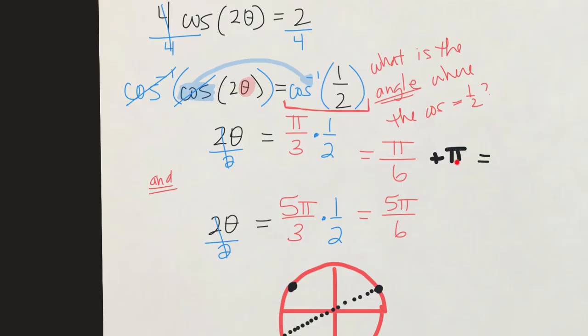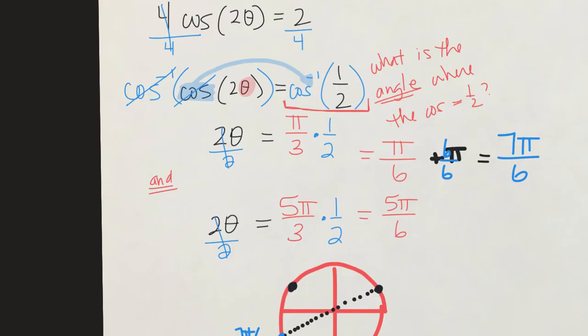So how many sixths are there in 1 pi? 6. So I'm going to add 6 pi over 6. So what's pi over 6 plus 6 pi over 6? 7 pi over 6, right? That's that angle over here. 7 pi over 6.